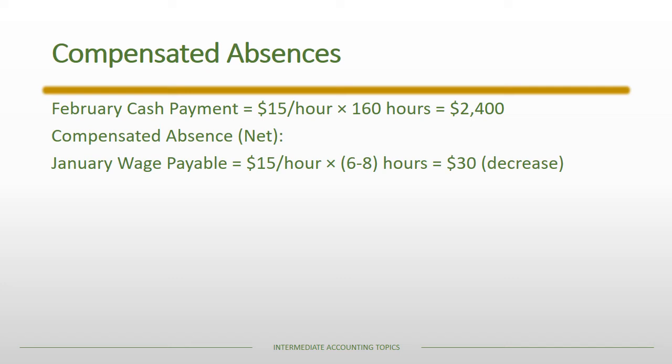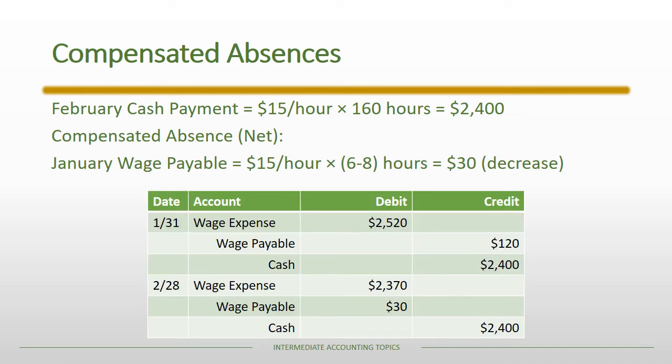So in total, the wage payable that had previously been accrued related to this compensated absence would have gone down 2 hours. That decrease of 2 hours multiplied by their hourly wage of $15 per hour means there needs to be a $30 net decrease to the wage payable account.